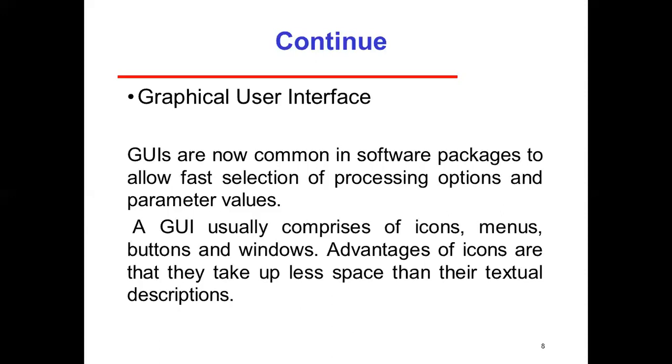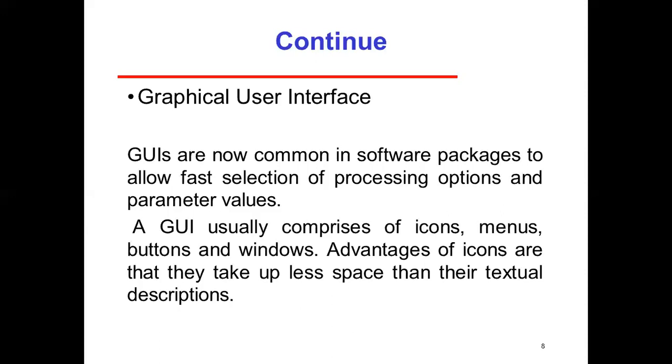We can open the new file, create the new file, open the existing file, and we can alter whatever we want. So, how does this happen? This happens only with the help of the graphical user interface. So, the graphical user interface makes the software user friendly, even the Windows operating system itself is based on the graphical user interface.